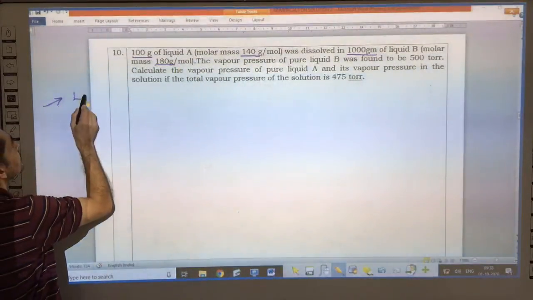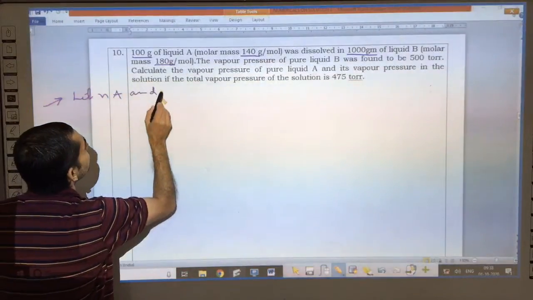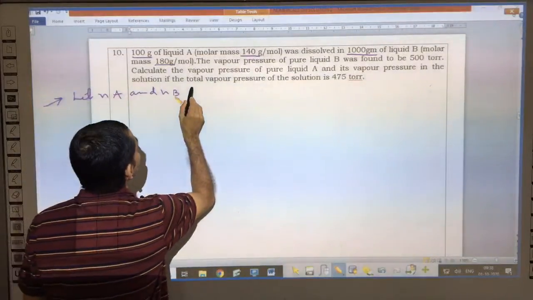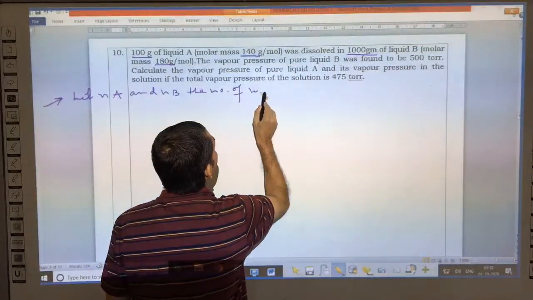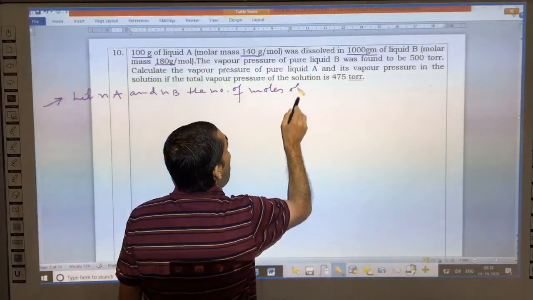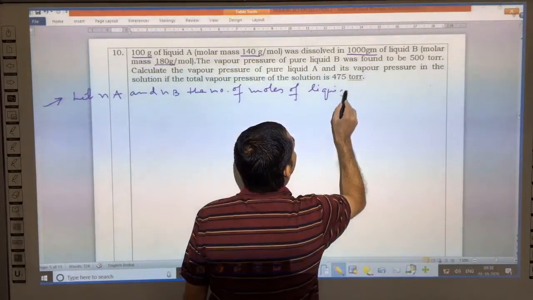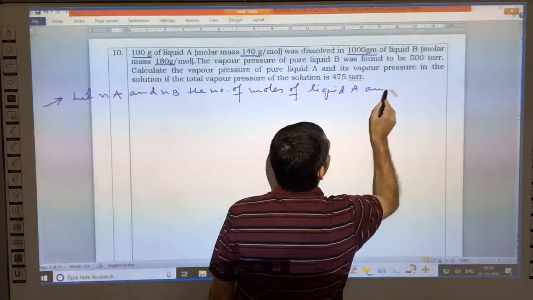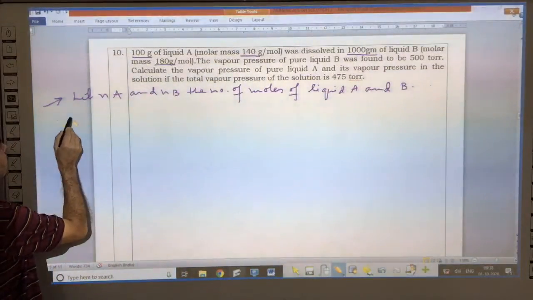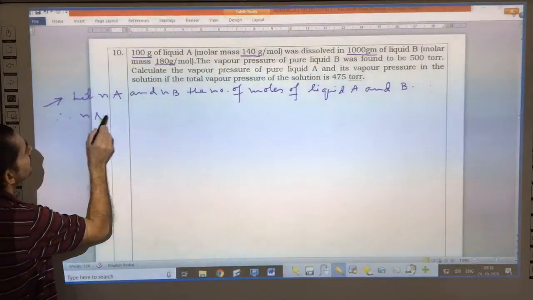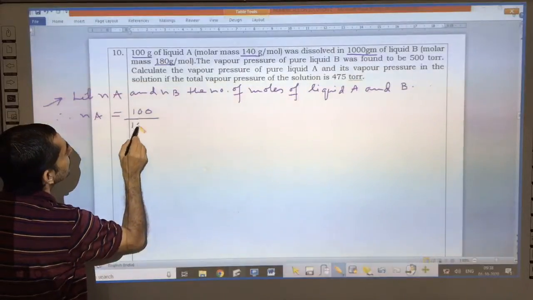Let Na and Nb be the number of moles of liquid A and B. Now moles of A, Na, will be equal to what? 100 gram upon molar mass 140.